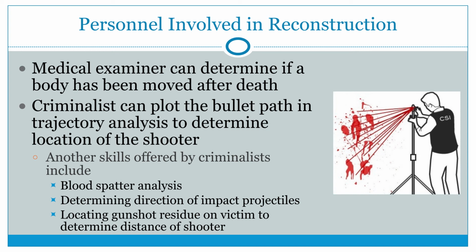They can also determine the direction of impact projectiles, so if a bullet is coming through a window or if a bomb exploded, which direction those projectiles went. And they can also locate gunshot residue on a victim to determine the distance of that shooter. These are all skills that contribute to the reconstruction process of the crime scene.